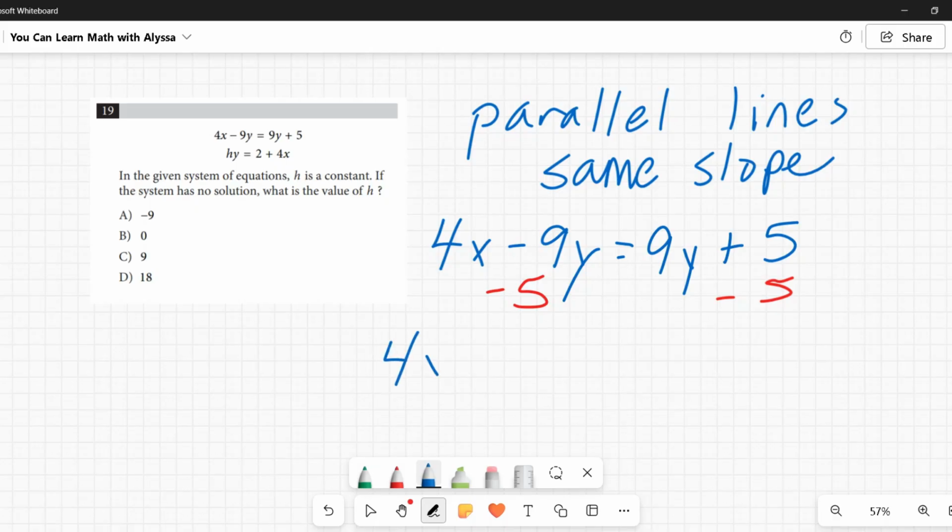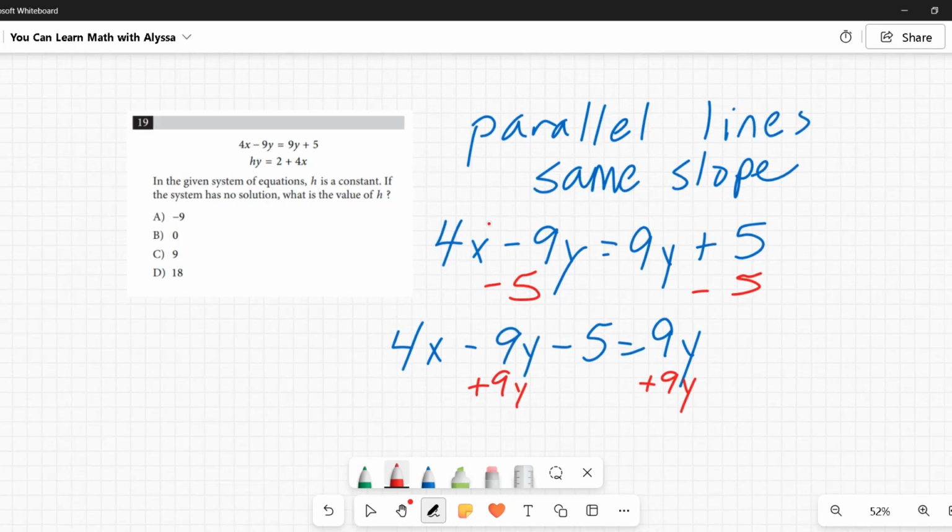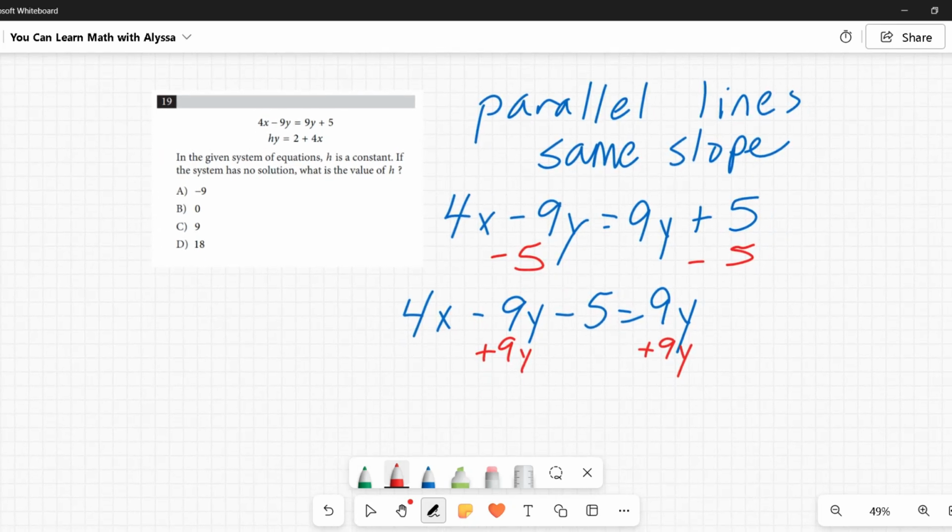That gives me 4x minus 9y minus 5 equals 9y. Then I want to move this minus 9y, so I'm going to add 9y to both sides. And then I get 4x minus 5 equals 18y.